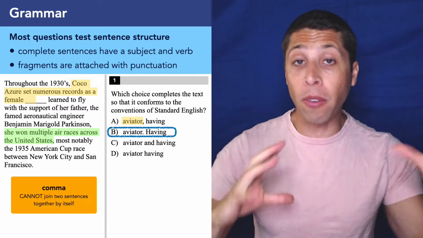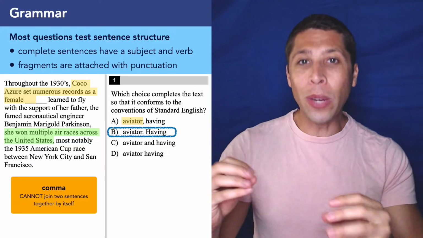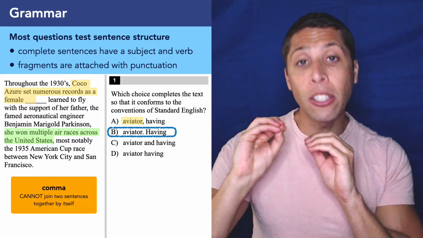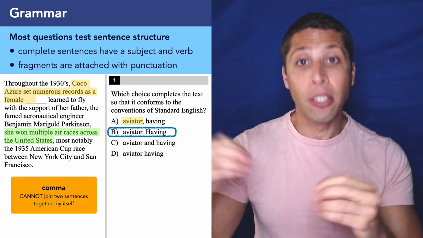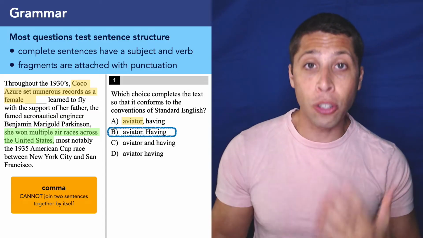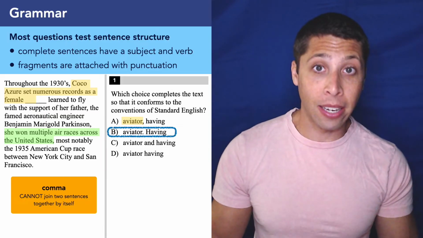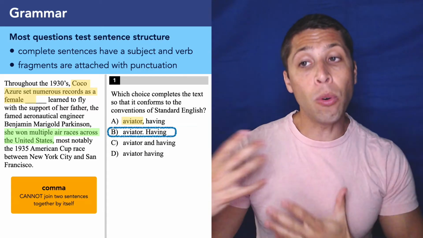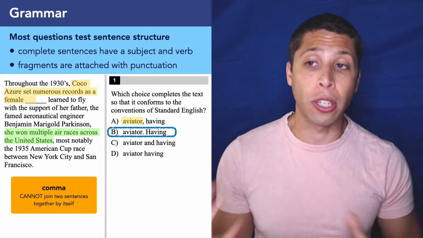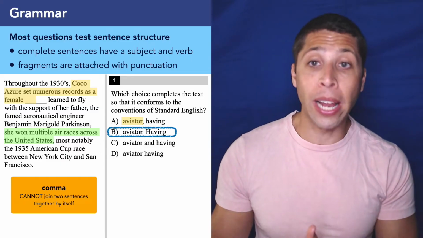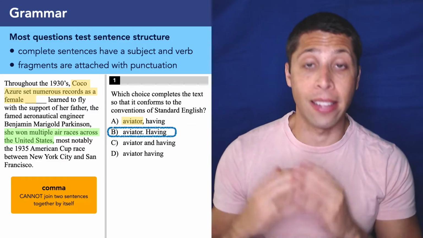So even though there's a bunch of other clauses in between, by the fact we've identified two complete sentences, we know that we need a stronger punctuation mark to separate those things. A comma by itself is not going to do it. What a comma generally does is it shows us where the structure of a sentence is breaking. So we do have these transitions, these extra clauses, but it's not enough to join two sentences. What we really would have in choice A is a run-on sentence, and that is not good.